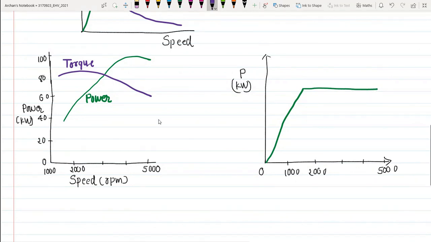And when we talk about the torque, at that time we will get this kind of characteristics. So these are the characteristics of the gasoline engine and electrical motor, right?